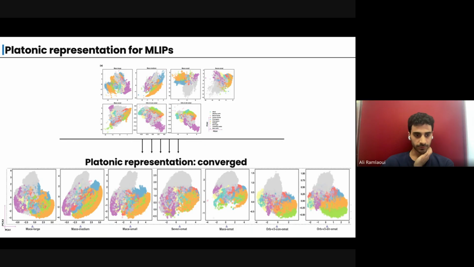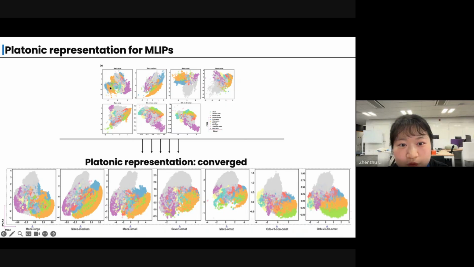So for the math one, they are all 128 dimension, so we can share the principal axis, right?